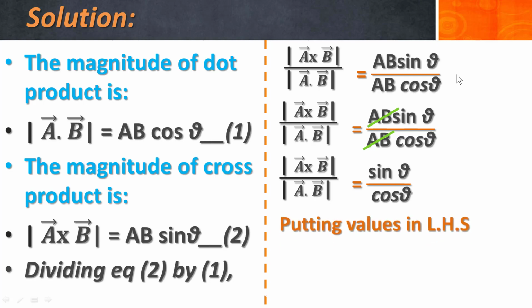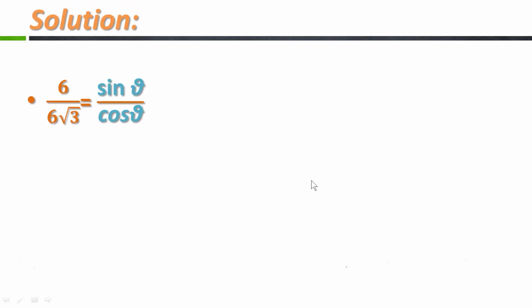According to the given data we have the magnitude of A cross B and the magnitude of A dot B, so we will put these values. Sine theta over cos theta: the magnitude of A cross B is 6 and the magnitude of A dot B is 6 under root 3.